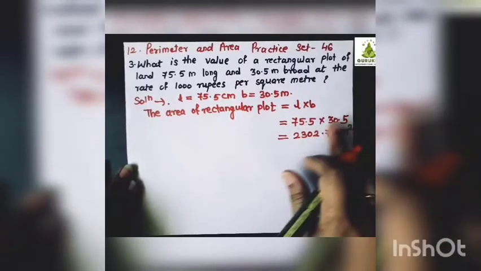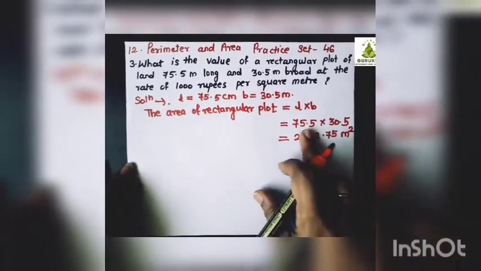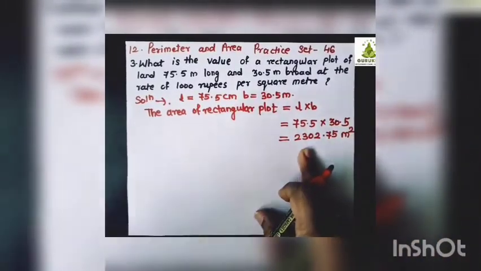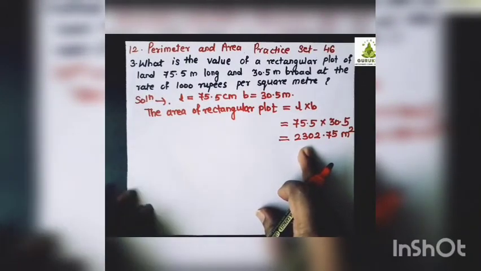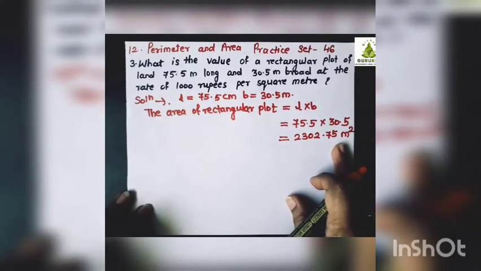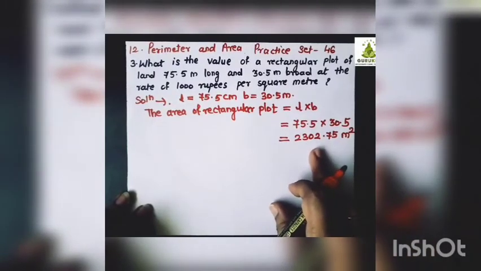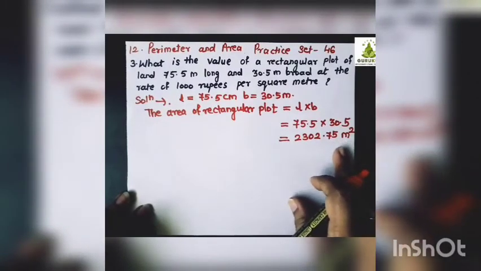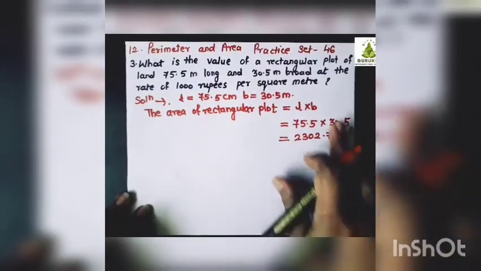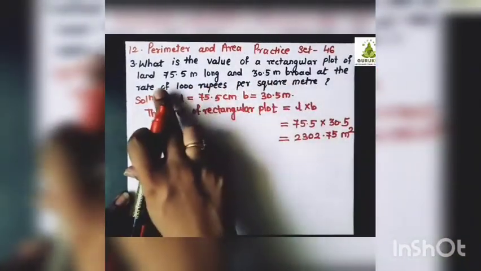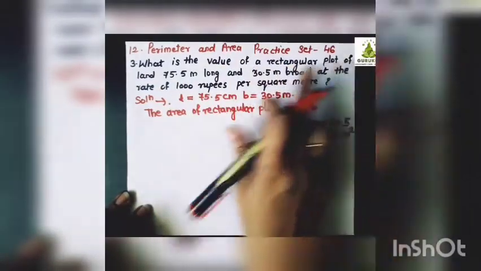Okay, I will not show you this multiplication because this is normal multiplication you have to carry out and find out the answer. So the final area we got is 2302.75 meter square. But we don't have to find out the area. What we have to find? We have to find the value of a rectangular plot.